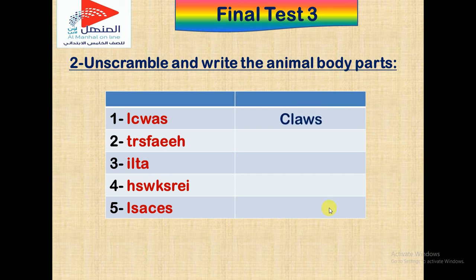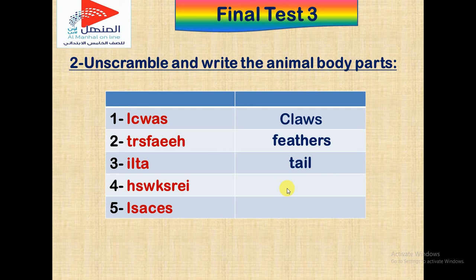All right, this thing covers the bird's body. All right, easy. Feathers. The cat has this thing at the end of its body, at the back of its body. The dog has this thing, and most animals have, good job, tail. All right, this is like a mustache for animals.